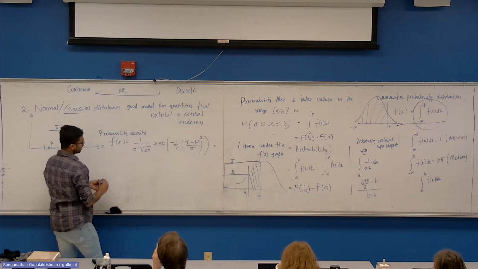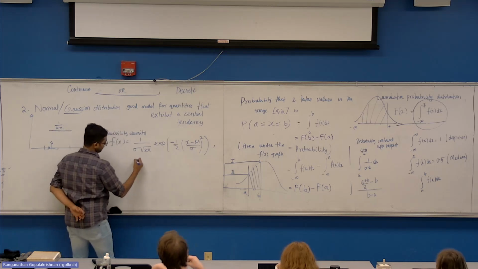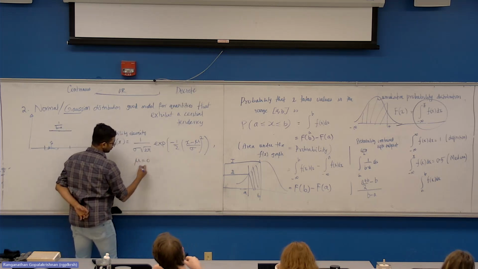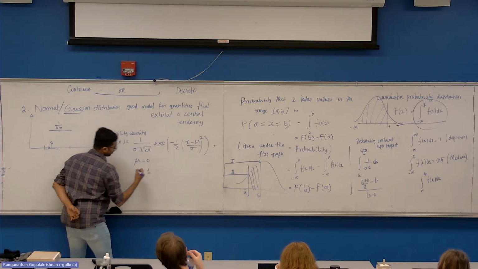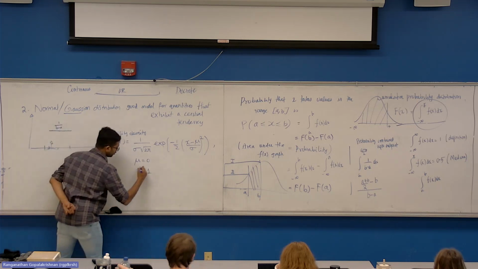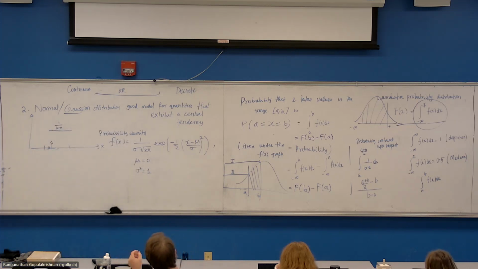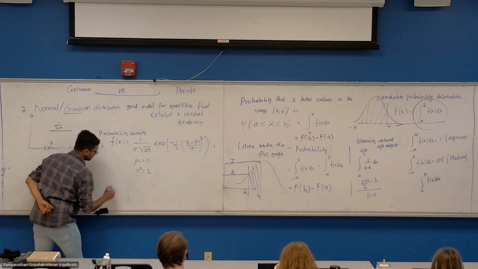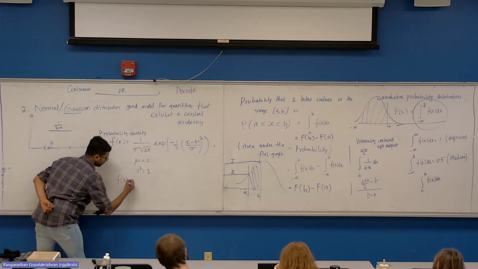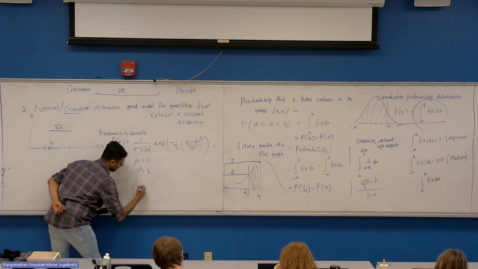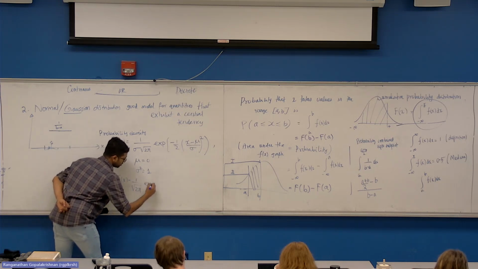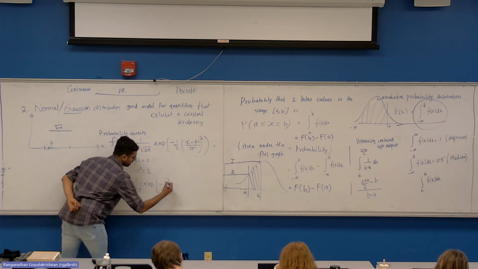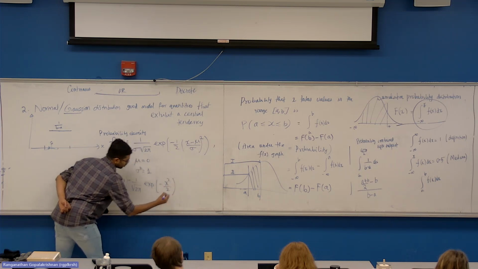Okay, so let's start with an example. Let us say we have a distribution with mu equal to 0 and sigma equal to 1, or sigma squared equal to 1. So in this case, f of x equals 1 over square root of 2 pi times exponent of minus x squared divided by 2.